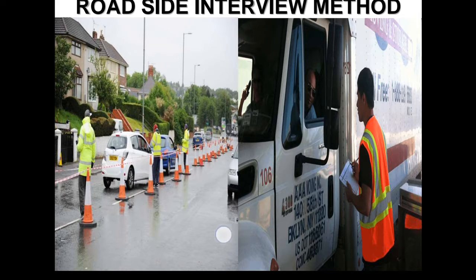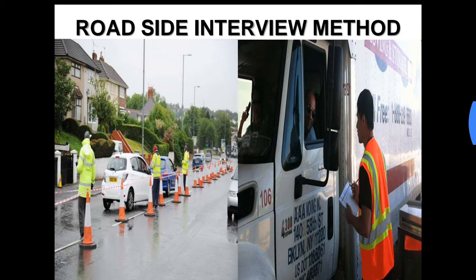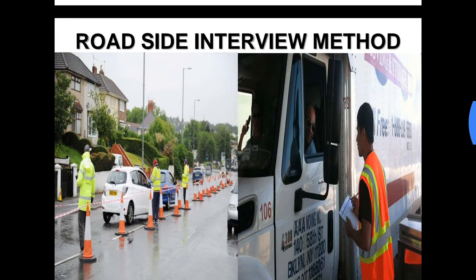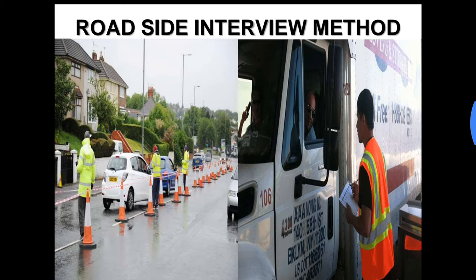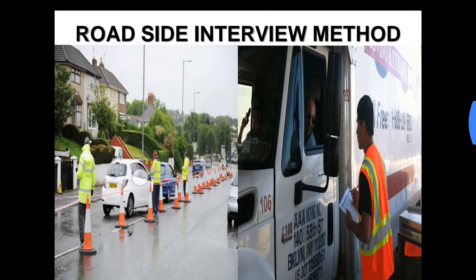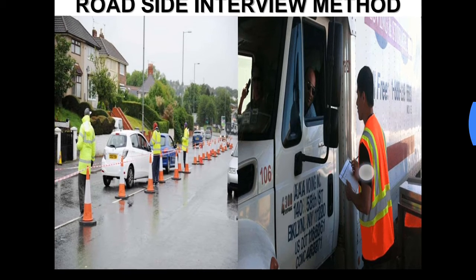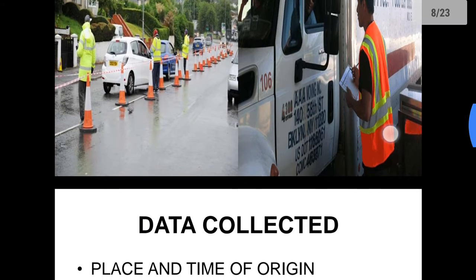Here we designate one side of a road or a single lane, and we provide barricades, and we do random sampling of vehicles, and there are a few surveyors who have a set of questions for the road users or the drivers inside the vehicles. They ask the driver these questions and collect data.